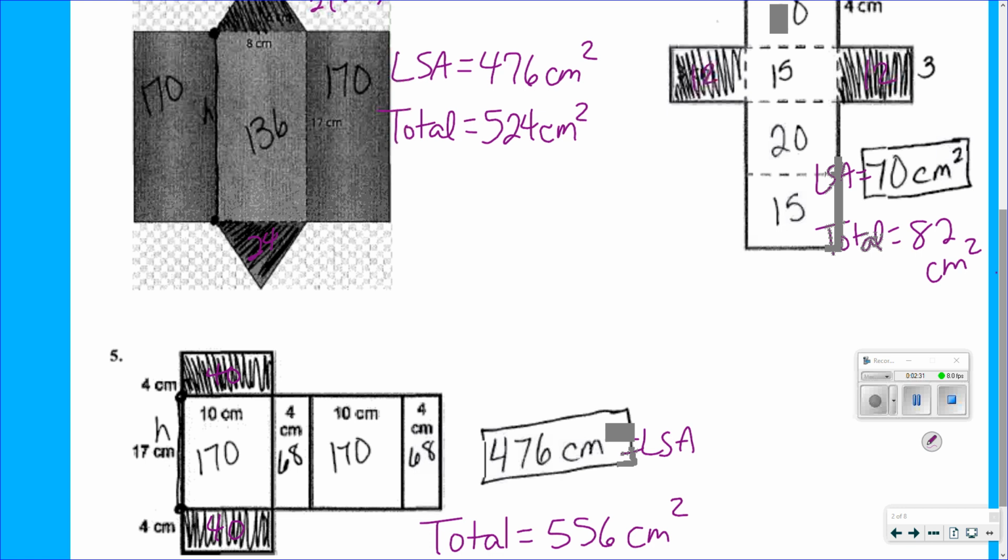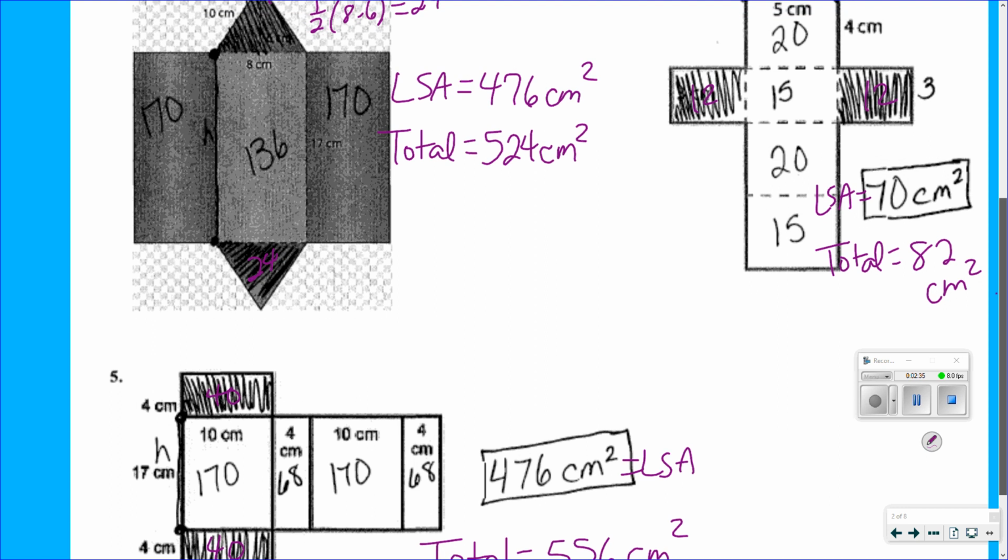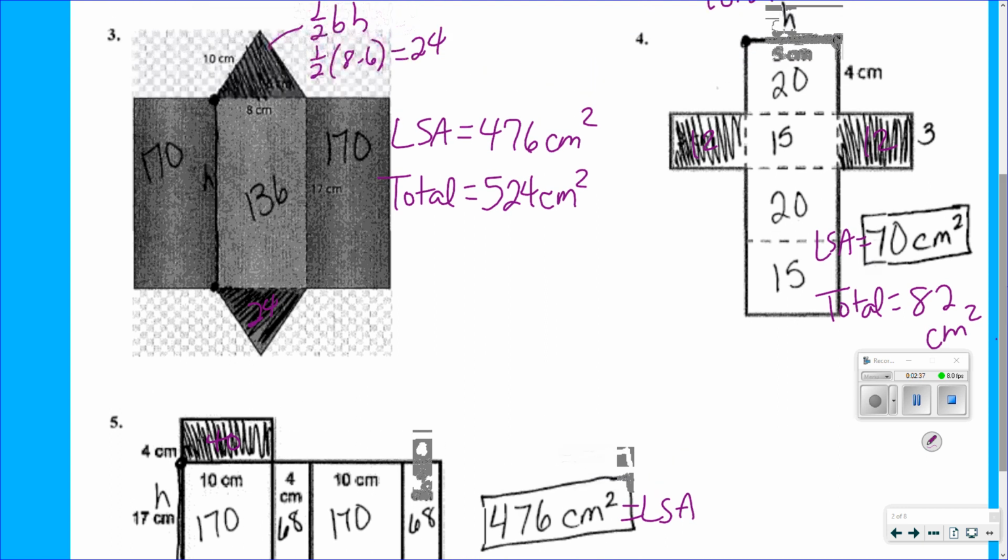Number 3. I thought that the ones in the middle were all 136. Okay, and that is tricky. That's what's tricky about this one, because this piece right here is 8, but these 2 pieces are how much? 9.